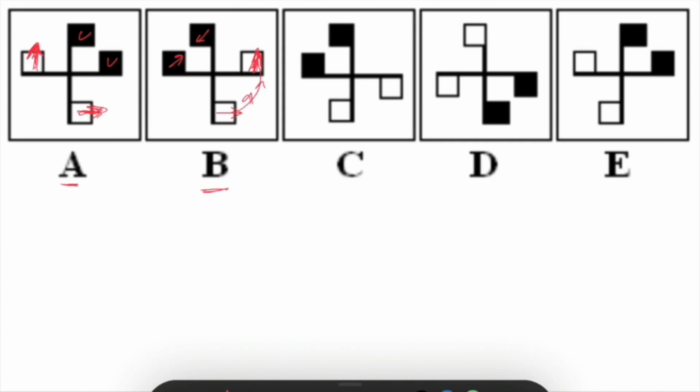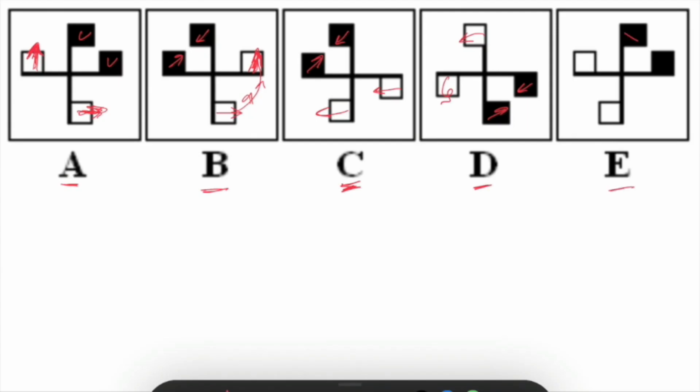Here in pattern C, we have the black boxes facing each other. The white boxes here both go clockwise. In pattern D, we have the same black boxes facing each other, and both of the white boxes go anti-clockwise.